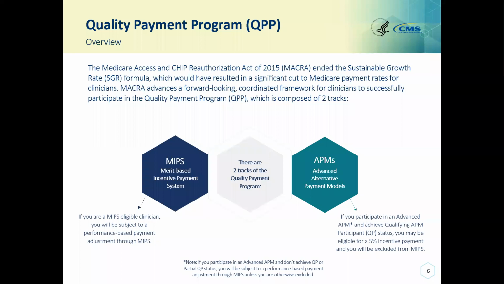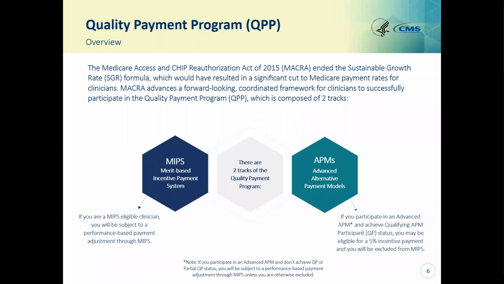The first, which today's presentation is focused on, is MIPS, the Merit-Based Incentive Payment System. If you are a MIPS eligible clinician, you will be subject to a performance-based payment adjustment through this track of the program. On the next slide we'll explain a little bit more about our APMs and how they fit into those two different buckets.